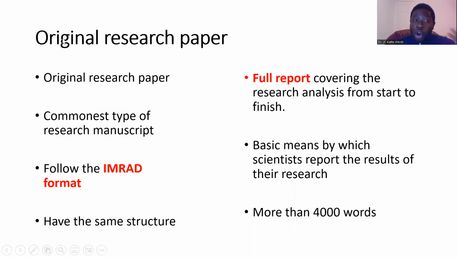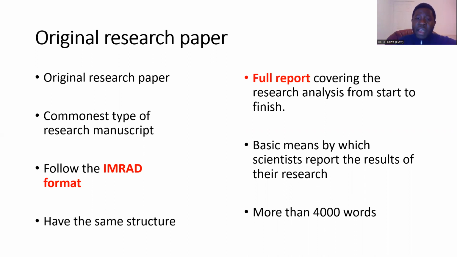It's the commonest type of research manuscript that is written and published in many journals in the world. And it would usually follow the IMRAD format, which simply stands for Introduction, Method, Result, and Discussion. It has a basic structure as you move from one journal to the other.